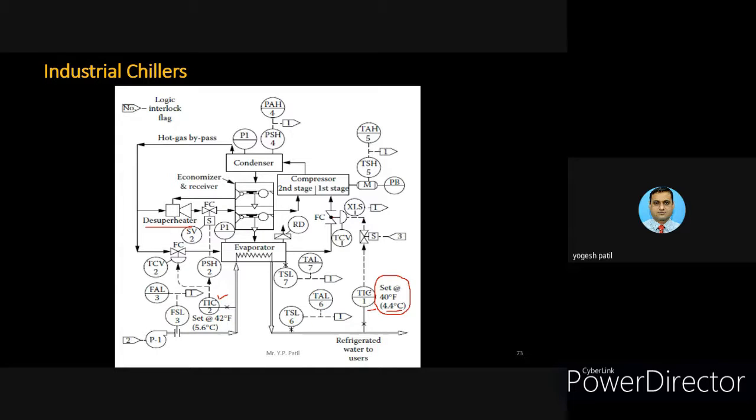So based on that limit switch, the action is taken by the controller, that is this TIC1. So these two particular loops are closed loops. I can observe this over here in this control system diagram. In the other part, I can observe that there is a measurement part.